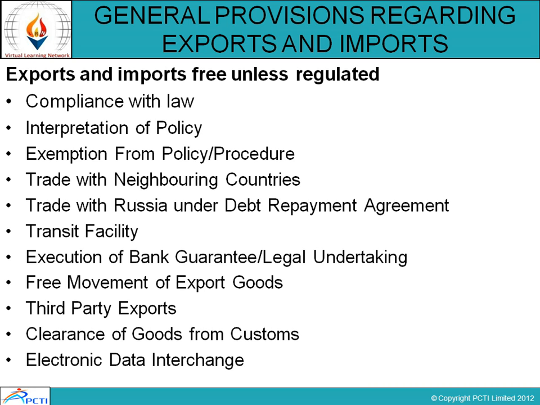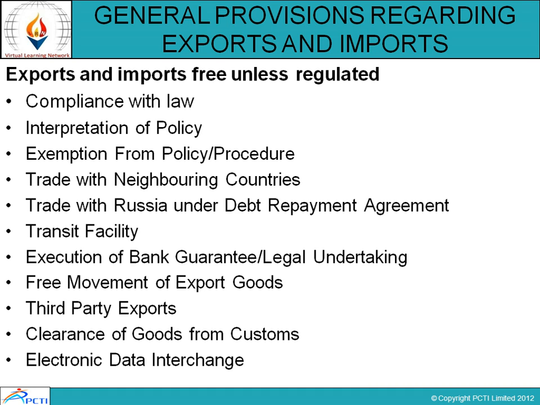Then another is the free movement of export goods. Consignments of items allowed for export shall not be withheld or delayed for any reason by any agency. In case of any doubt, the authorities concerned may ask for an undertaking for the export.